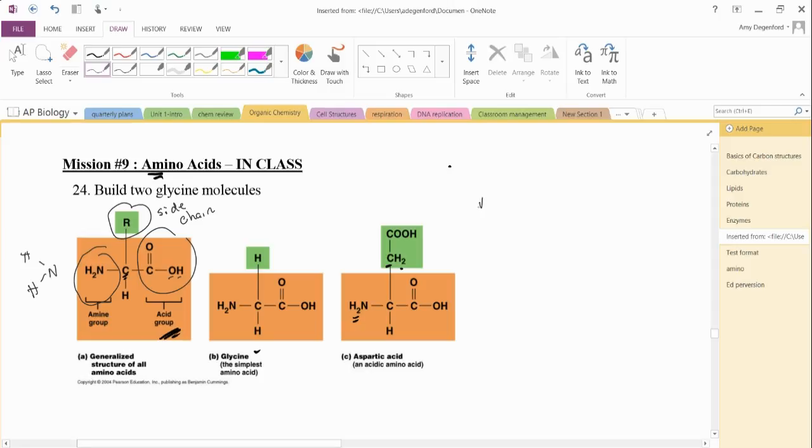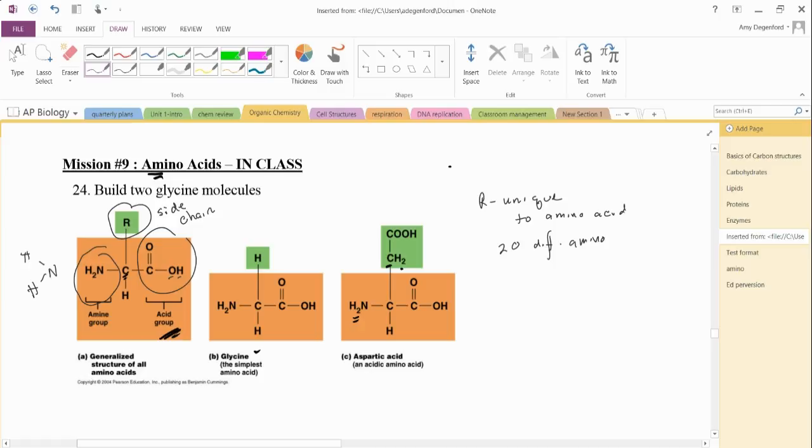The R group is what specifies the type of amino acid, the identity, the specific amino acid. So the R group is unique to the amino acid that we're talking about, and there are going to be 20 that we will see.